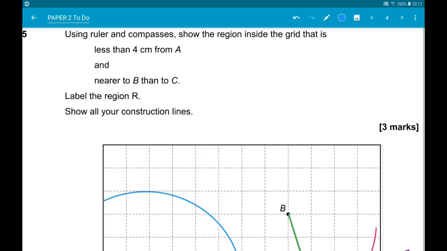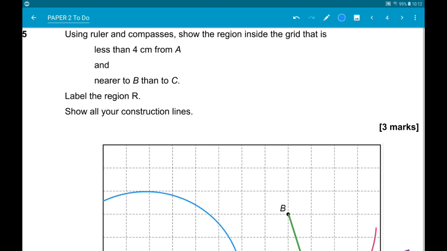Okay, number 5, we have a loci and construction. So using a pair of compasses and a ruler, show the region inside the grid that is less than 4 centimeters from A and closer to B than C. Label the region R. Show all of your construction lines.